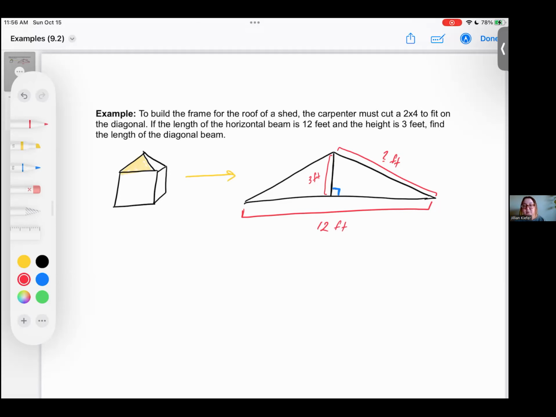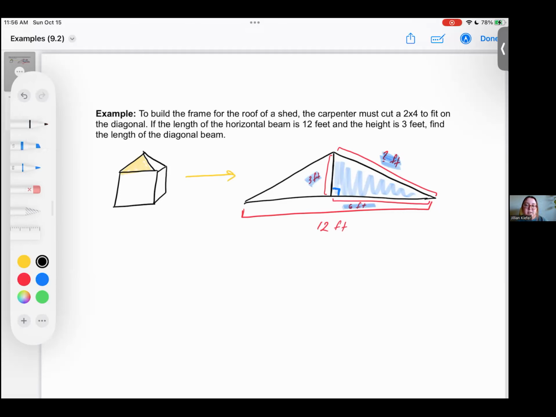Since this vertical beam is cutting it right in half, this length here would be 6 feet. So for our given triangle, our blue triangle in here, we've got 3 feet, what we're trying to find, and 6 feet.